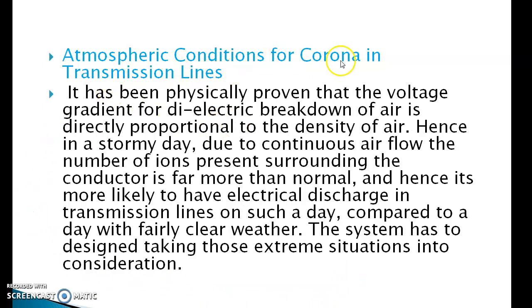Next, atmospheric conditions for corona in transmission lines. It has been physically proven that the voltage gradient for dielectric breakdown of air is directly proportional to the density of the air.